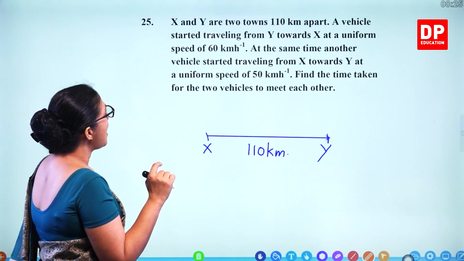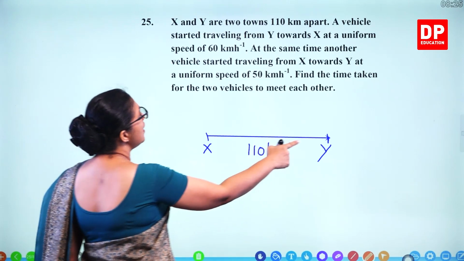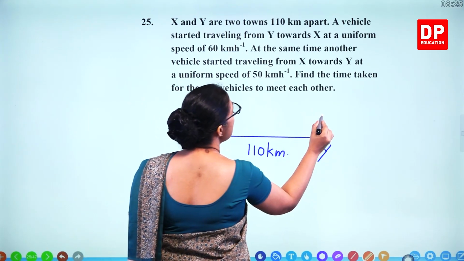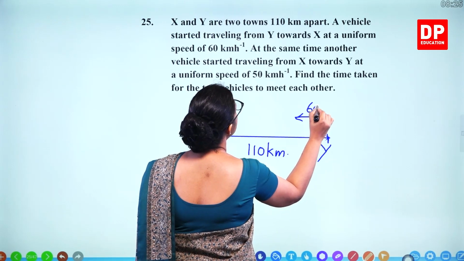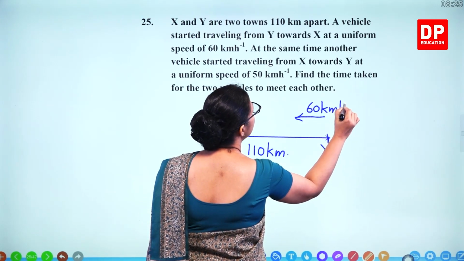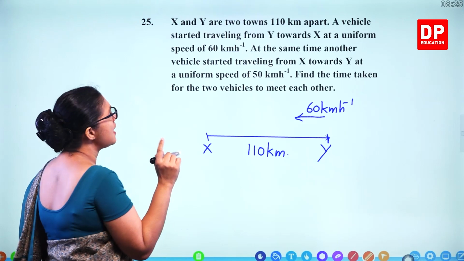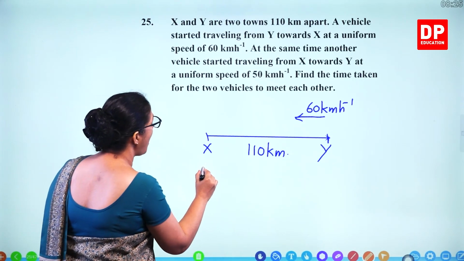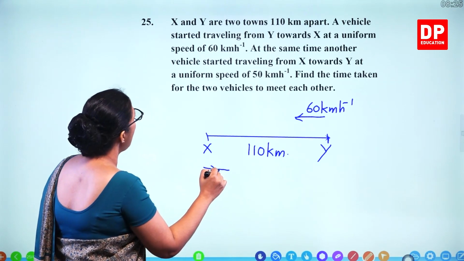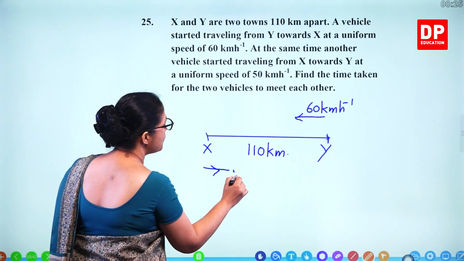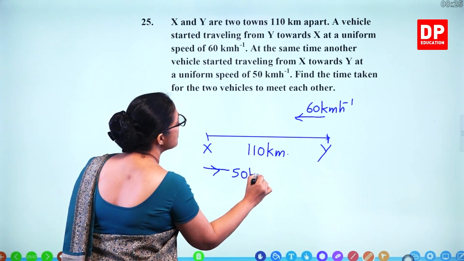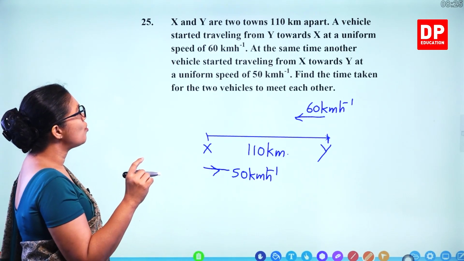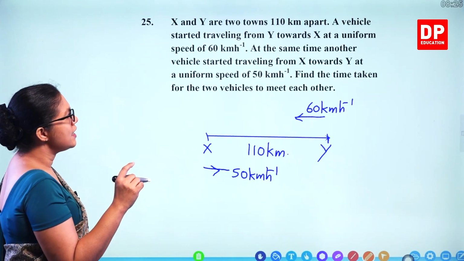A vehicle started traveling from Y towards X at a uniform speed of 60 kilometers per hour. At the same time, another vehicle started traveling from X towards Y at a uniform speed of 50 kilometers per hour. Find the time taken for the two vehicles to meet each other.